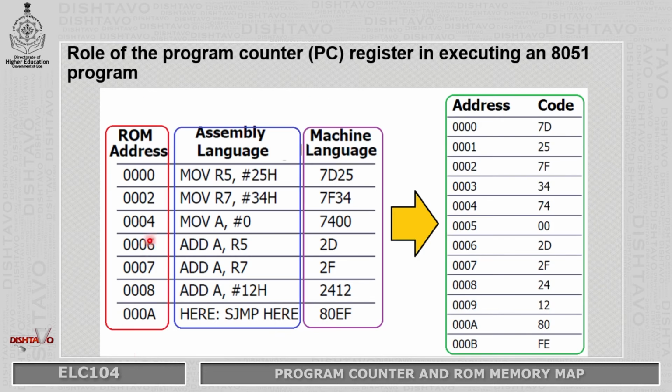Once we assemble this program, it is going to generate a file called a hex file, and once we download the hex file onto the ROM space of the microcontroller, the program memory is going to be filled in this way. So these are the addresses of the program memory, and this is where the program codes are going to go into the memory.